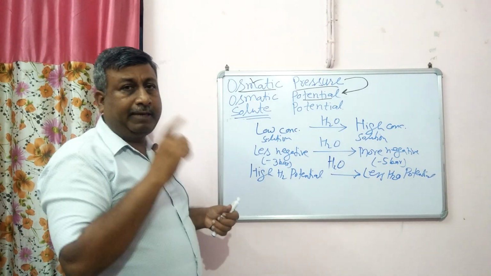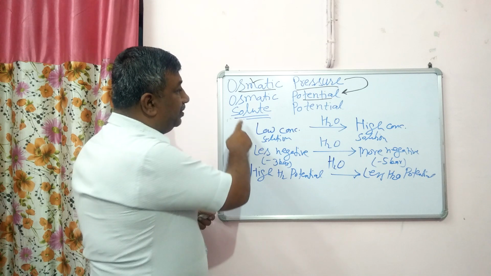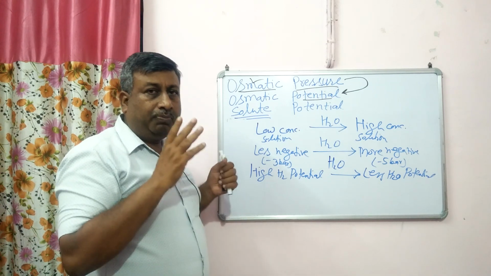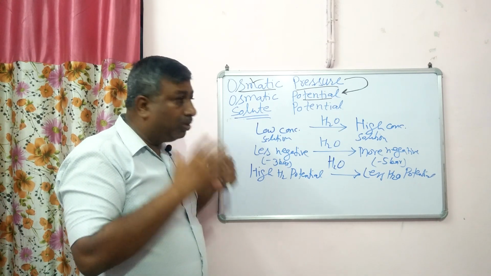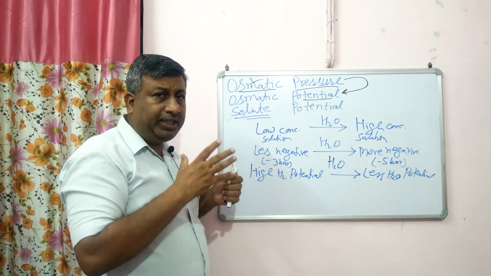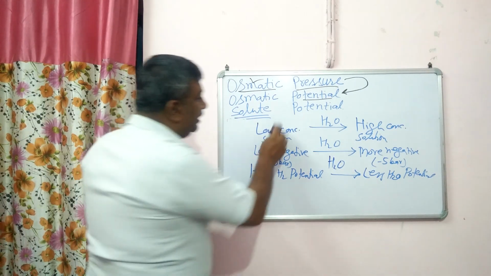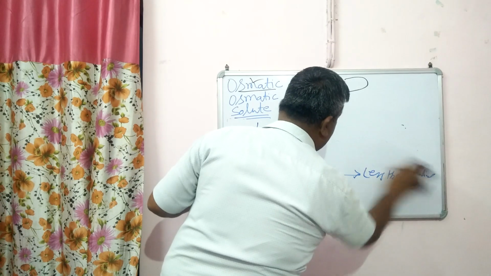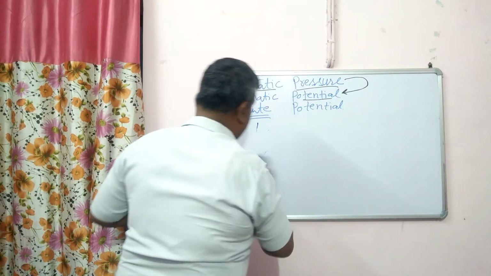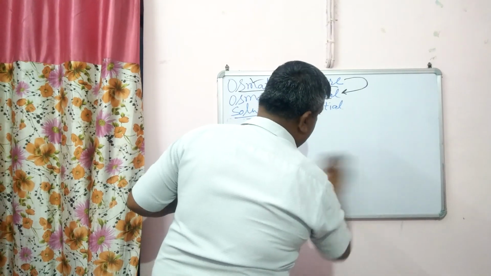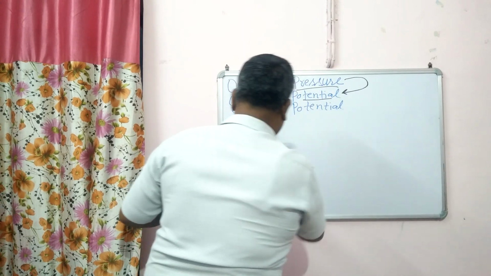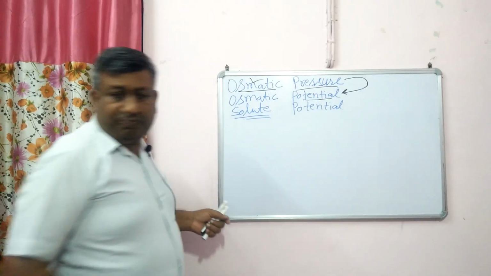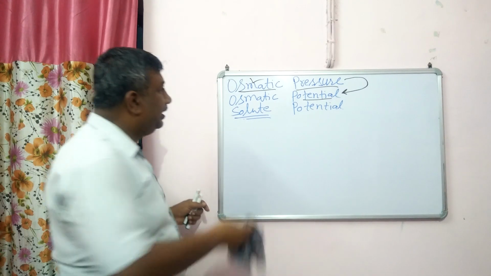So this is the osmotic potential due to presence of solute salts. More concentration of the salt means more osmotic movement of water. So in a highly concentrated solution, water moves from low concentration to high concentration.